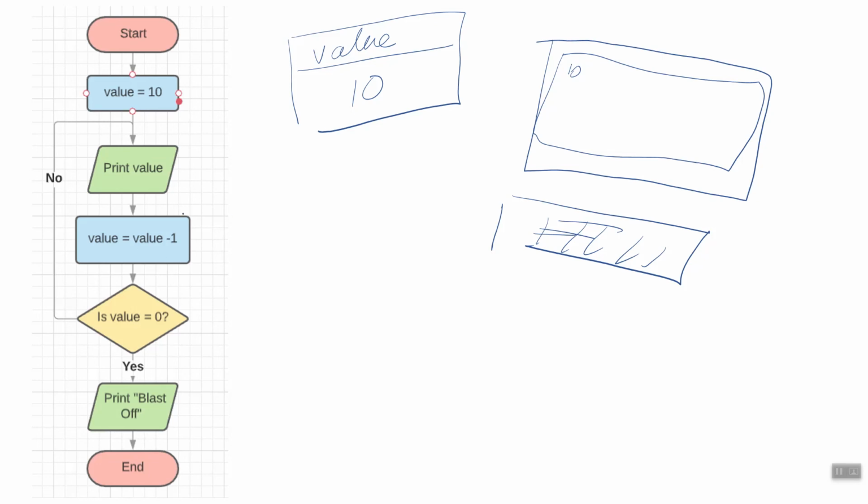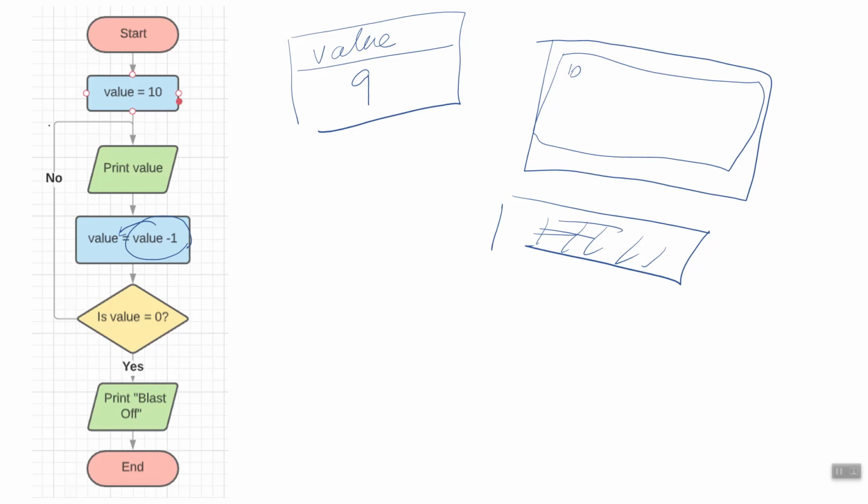So what happens here is we're taking value minus 1 and we're going to update it into value. So we do 10 minus 1 is 9. So what we're actually doing is rubbing out the 10 and replacing it with the value we've just calculated, which is 9. Is the value 0? No, it isn't. It's 9.